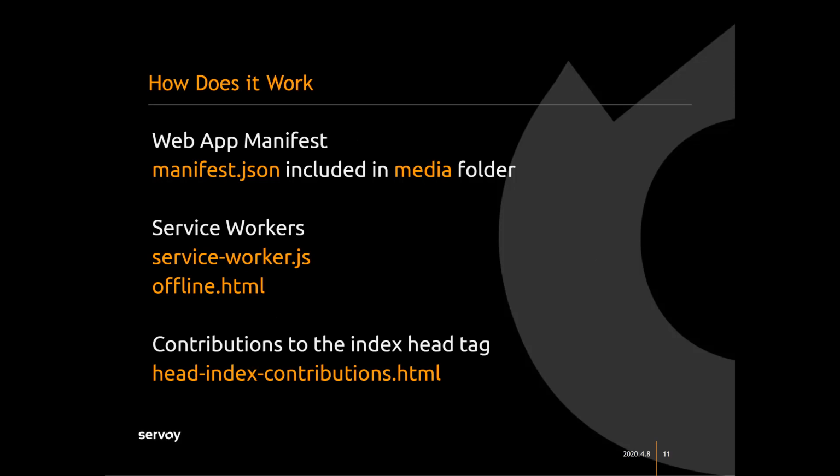Just a quick overview of how it works, because usually in these webinars we get under the hood a bit and look at code. It's largely because there's not a lot of code needed. At a bare minimum you have to include that manifest JSON file. If you put that in the media folder of your solution, it exposes a description of your application to the browser, and then if it sees the right tags, it can expose that to be installed.